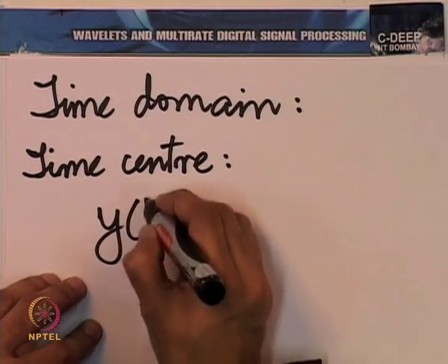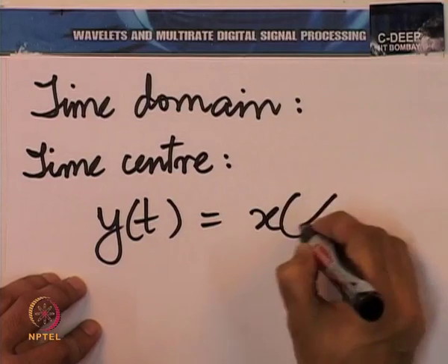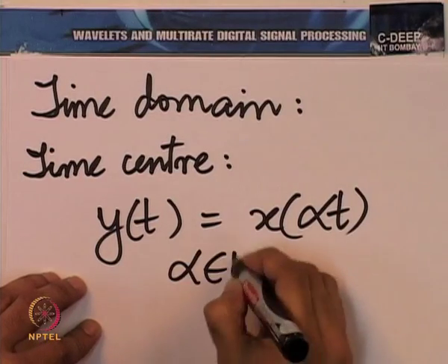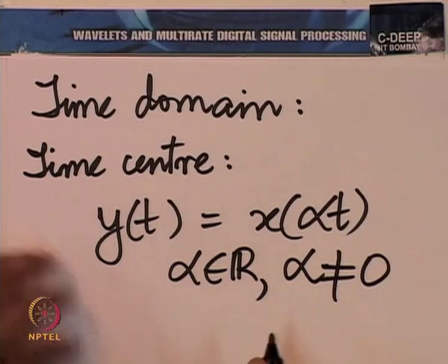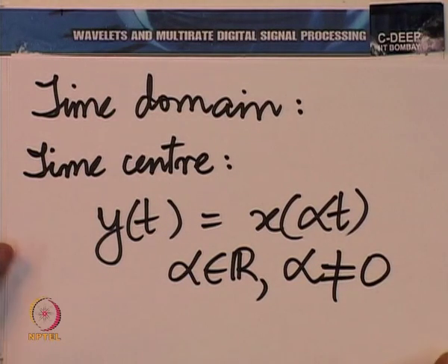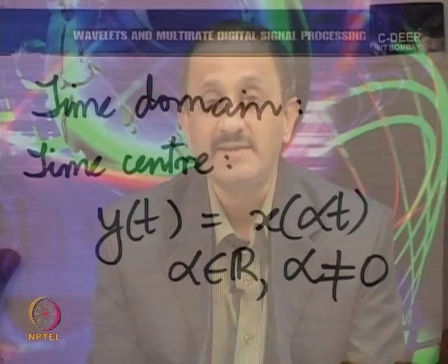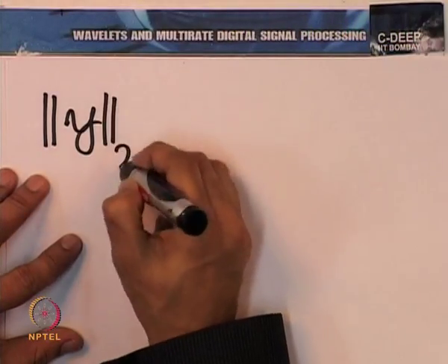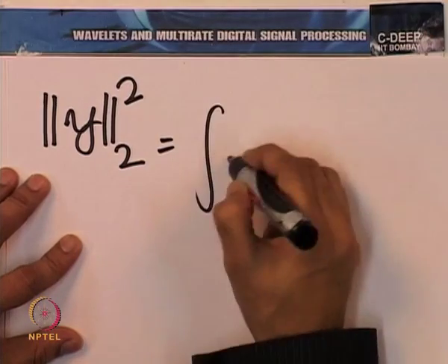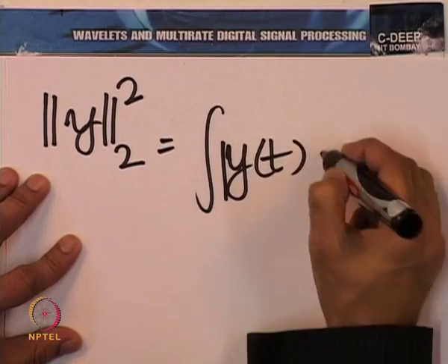Let y t be equal to x of alpha t, as usual, alpha real, alpha not equal to 0. And let us ask, what is the norm squared of y t in the L2 R sense against the norm of x? So, the L2 norm of y is this.